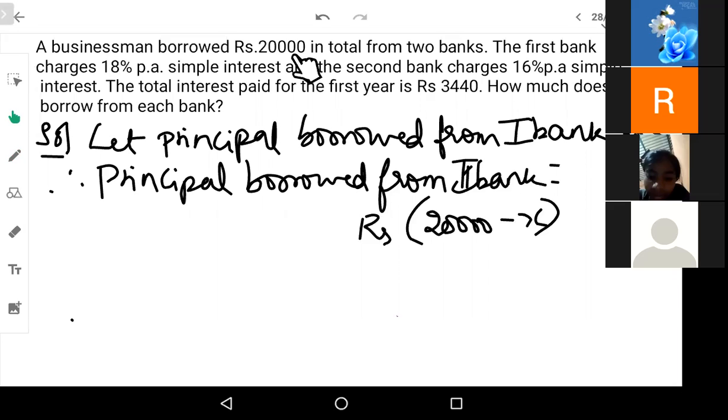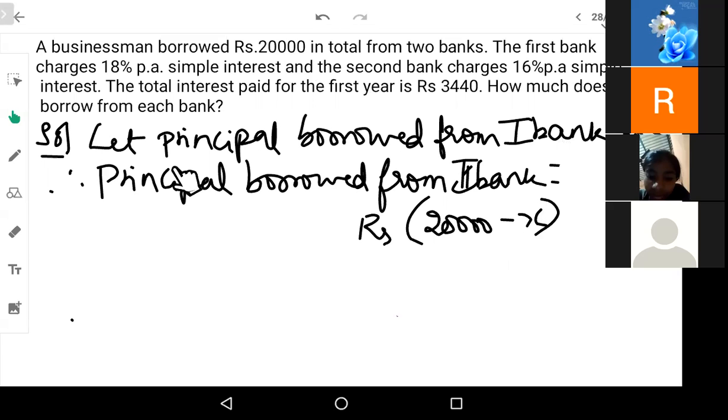Now, from the total amount of 20,000, if I subtract the first bank's loan amount, I will get the second bank's loan amount. So, by taking the total amount and subtracting the principal of the first bank, we arrive at the principal of the second bank. So this is the main derivation.